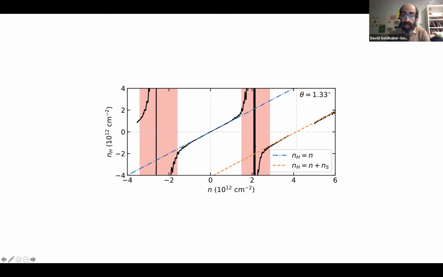That's what you expect normally. Then in these regions where we get the strong magnetoresistance, what we see is a Van Hove singularity. We cross over from electron-like behavior to hole-like behavior. If you remember last time, that occurred at 3 electrons per Moire cell. Here it's occurring close to 2 electrons per Moire cell, although I'm giving density not in electrons per Moire here, but in 10 to the 12 per centimeter squared.